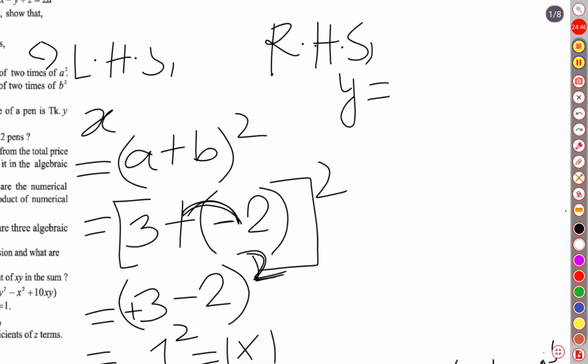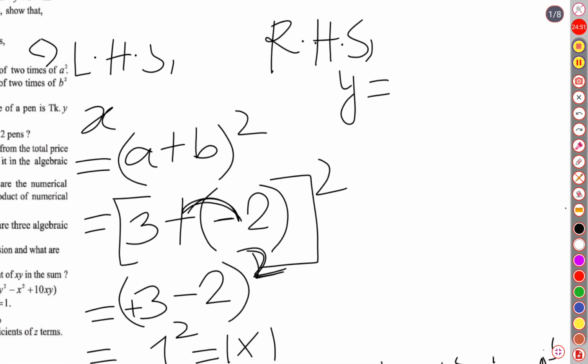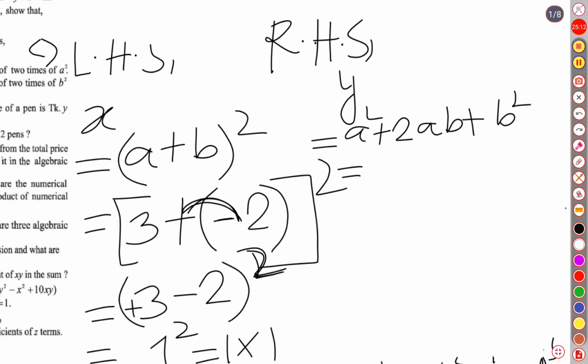So let's write y is equal to a square, or I can put the equal symbol under that. Okay, y equal to a square plus twice ab plus b square. Now we are going to insert the values. We should not forget a was actually 3.